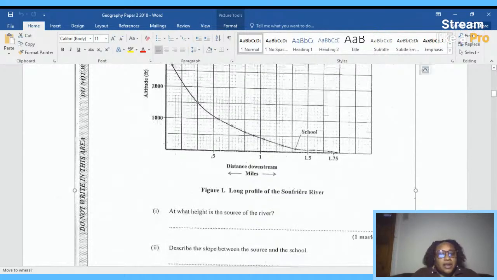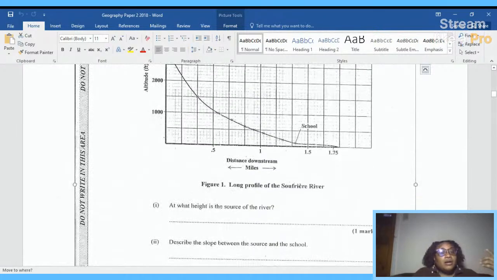So you can say closer to the source, which we can identify as the upper course, is very steep. However, as the river flows further downstream, closer to the school, you can see that the slope becomes gentle, or is gently sloping as it goes further downstream.